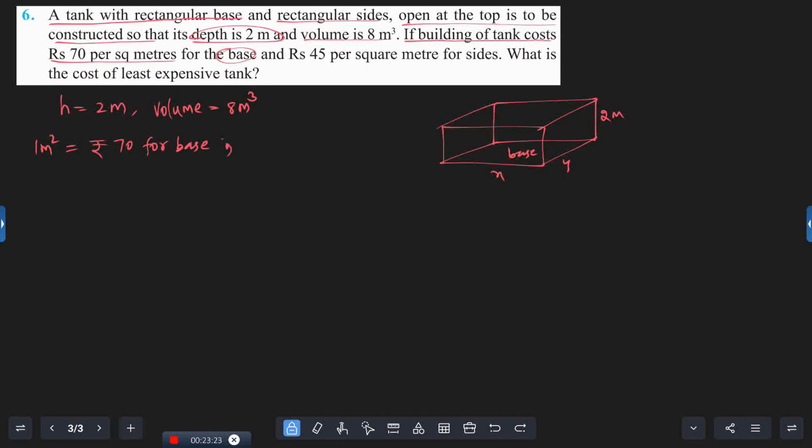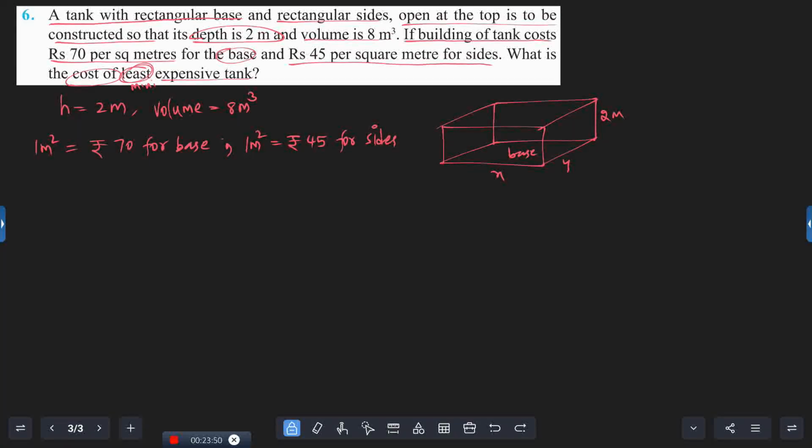In the same manner, rupees 45 for a side, 1 meter square is equal to rupees 45 for constructing the side. Sides we are constructing, sides only we have 4. Then what is the cost of the least expensive tank? Then the cost of the tank together they are asking. Then total cost.